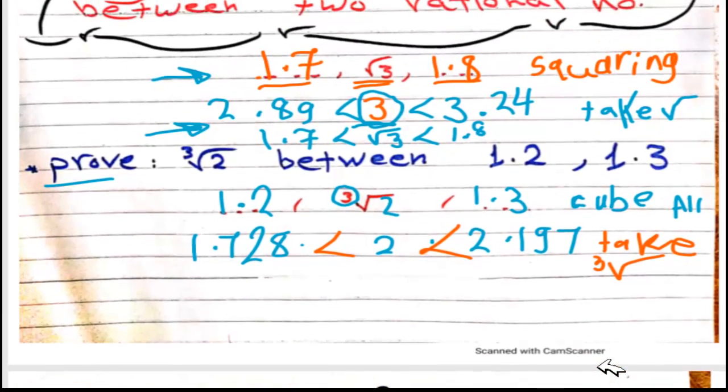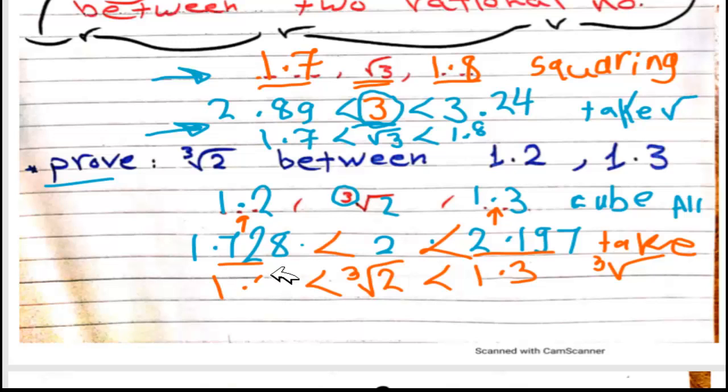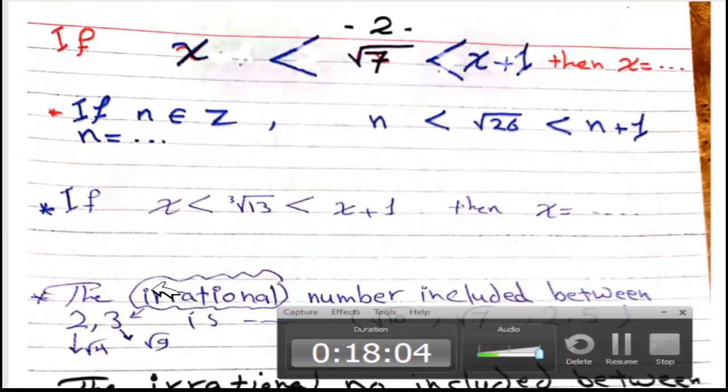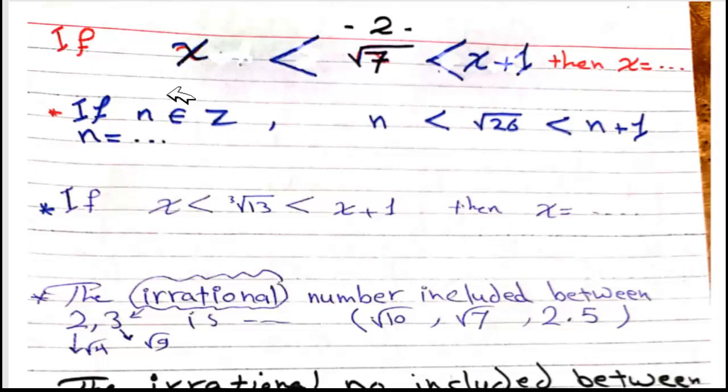So the cube root of 2 is included between the cube root of this, which brings 1.3, and the cube root of this, which brings 1.2. Now I proved what you want. Now this kind of question is too easy.